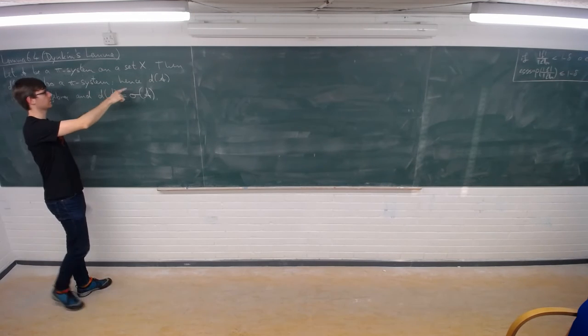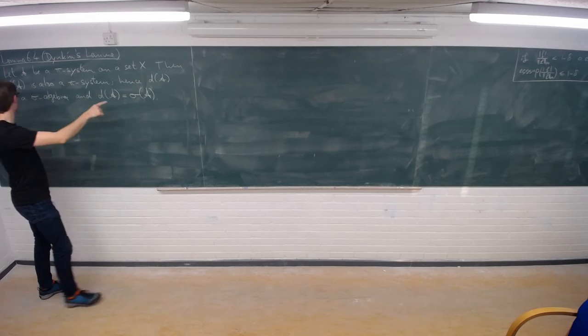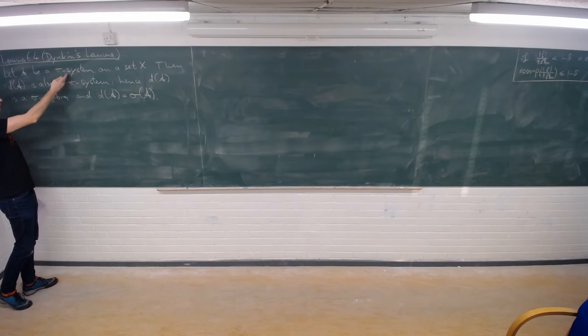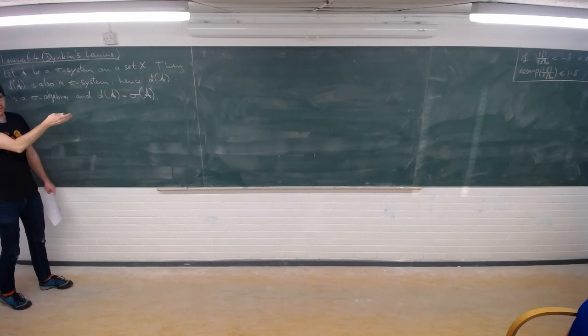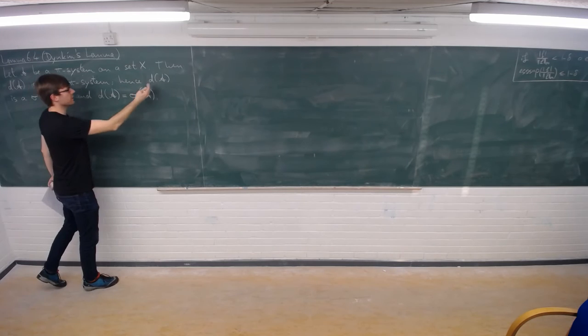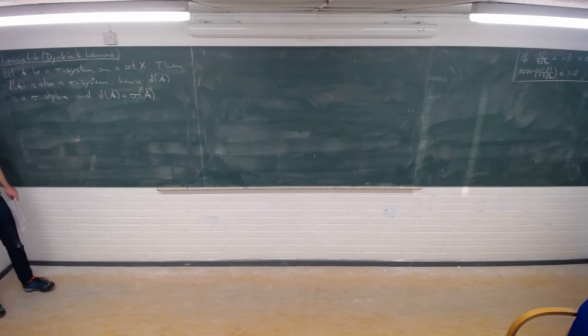And this implies that, well, if it's been a pi system before, then we take the D system generated by it, then it's both a D system and a pi system, so then D of A is a sigma algebra, as we've shown earlier.